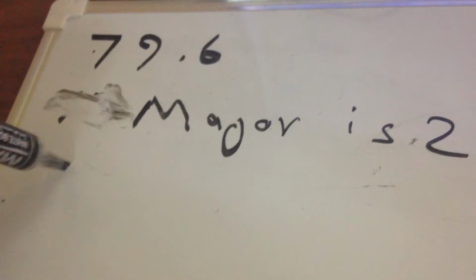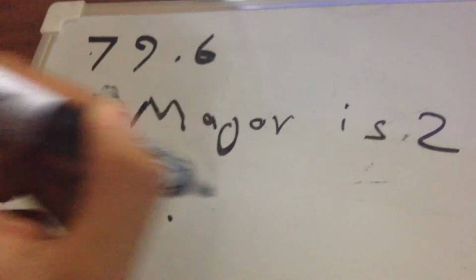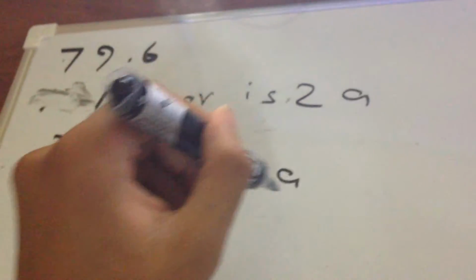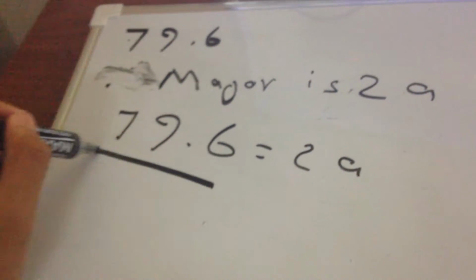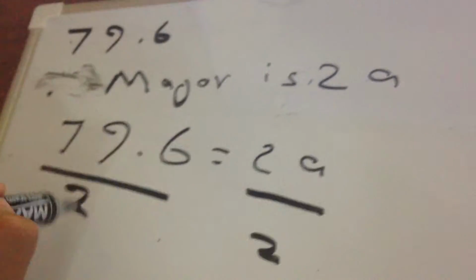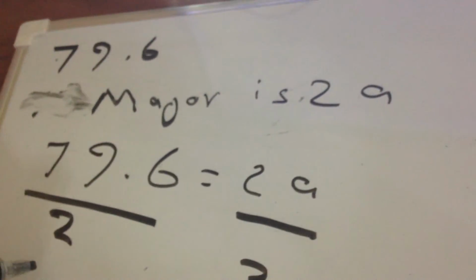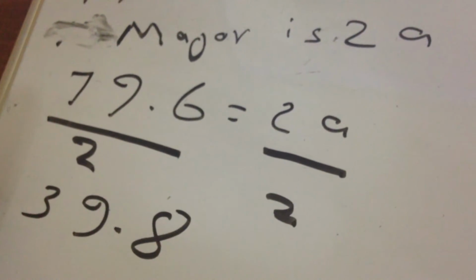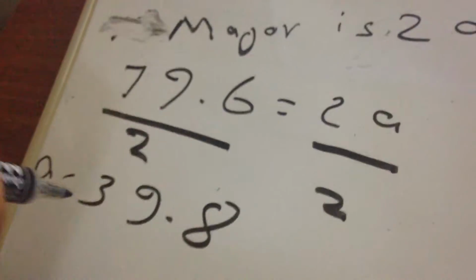This means 79.6 equals 2a. Divide both sides by 2 and it will give us 39.8 for a. And this is how we solve question A.